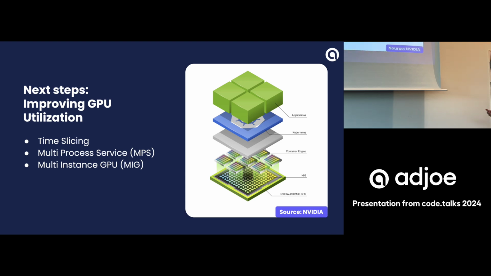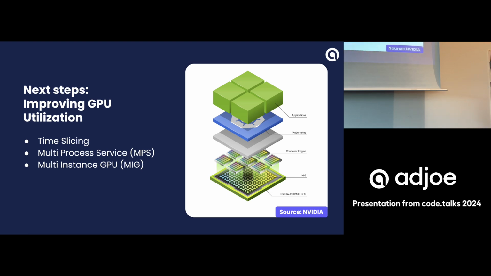I mentioned that some of our GPUs are not utilized well. Something that we are looking forward to is being able to share these GPUs between different workloads. There are different ways to do this. The first one is a concurrent way of doing things, meaning that we do time slicing. The second one is MPS, multi-process service.